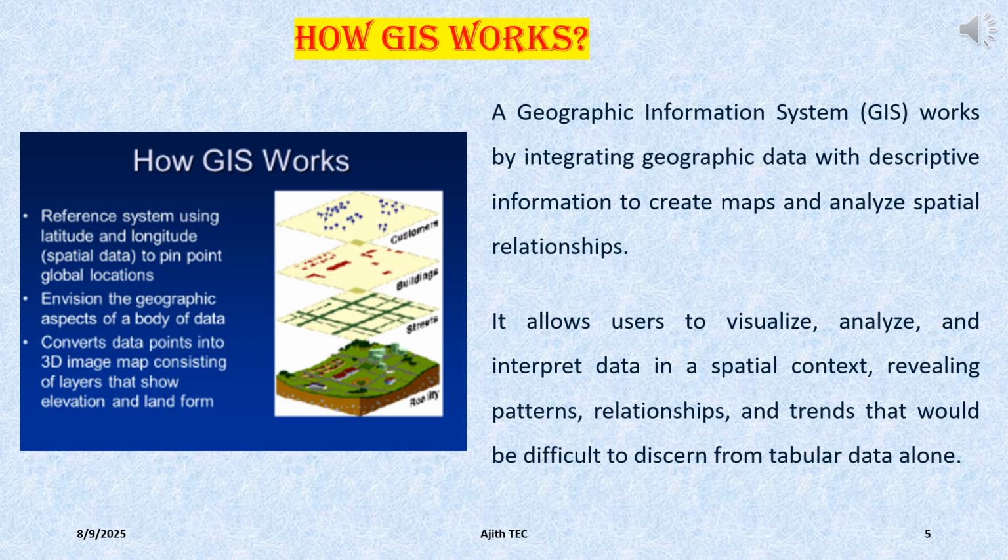A geographic information system works by integrating geographic data with descriptive information to create maps and analyze spatial relationships. It allows users to visualize, analyze, and interpret data in a spatial context, revealing patterns, relationships, and trends that would be difficult to discern from tabular data alone.